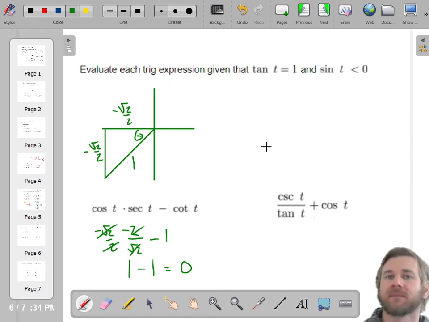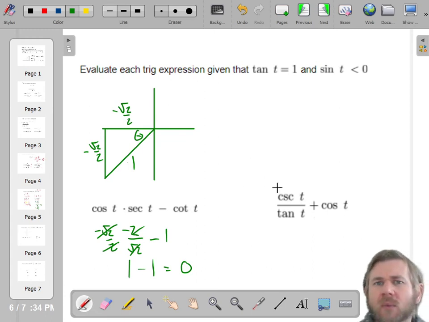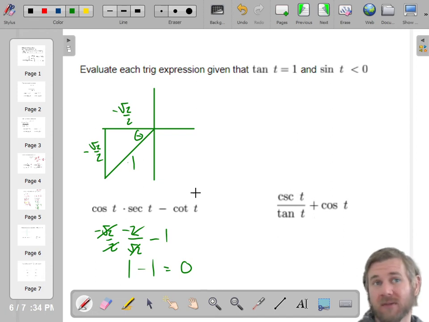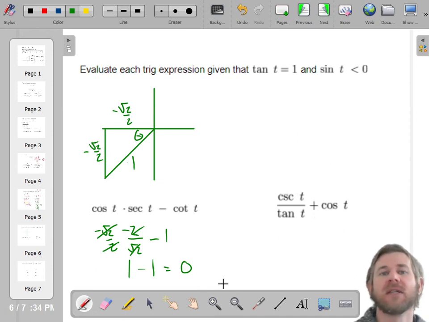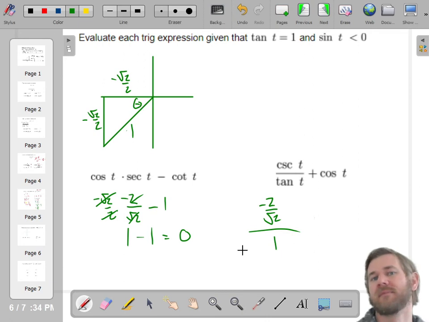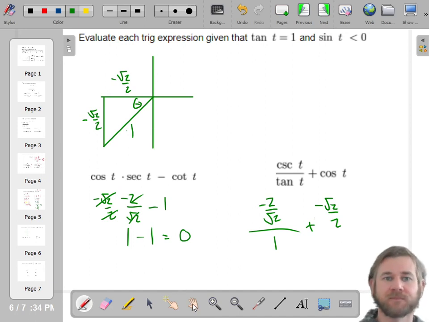Now let's do one more. Cosecant. So cosecant is the reciprocal of sine. Well, it doesn't really matter. It's the same as cosine. So we're going to say cosecant is negative 2 over radical 2 divided by tangent, which is 1. So nice. Plus cosine, which is also negative radical 2 over 2.